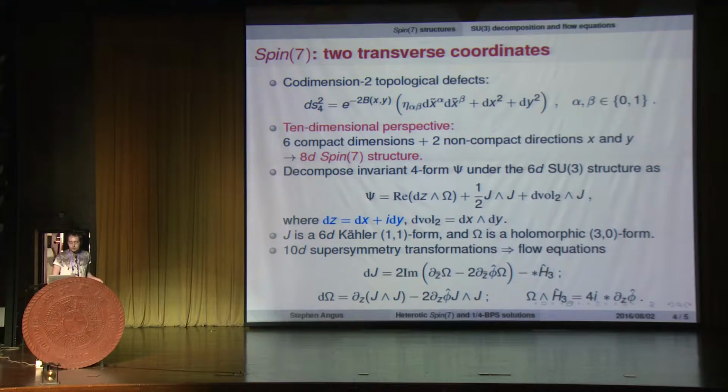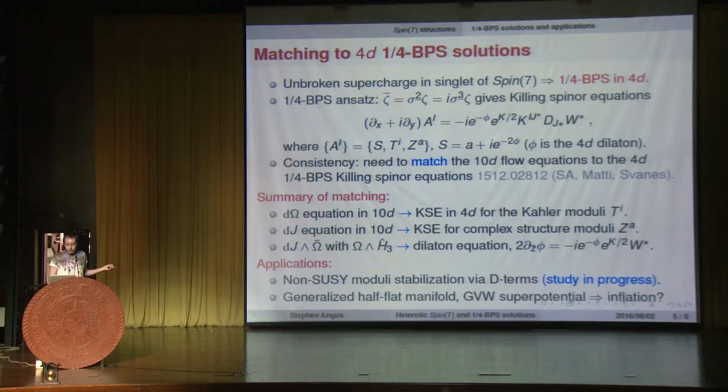With the Spin(7) structure, there's an invariant 4-form, which you can decompose under the 6D SU3 structure forms, J and omega, which reduce to the usual closed forms in the Calabi-Yau case. If we look at the 10D supersymmetry transformations, this gives some flow equations for dJ and d omega in terms of the H flux and phi hat, which is the 10D dilaton. Now we want to match this 10D ansatz to an ansatz for the 4D theory.